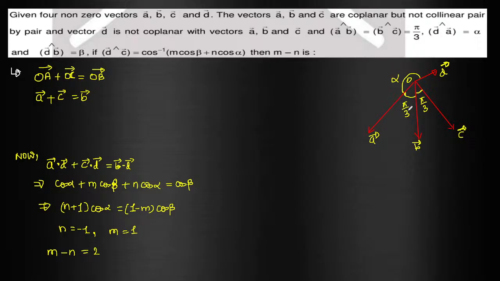The angle between A and B is 60 degrees, the angle between B and C is 60 degrees, the angle between D and A is alpha, the angle between D and B is beta, and D and C is given something like this. So we will keep the OA vector, OC vector. So if we shift this one, it is going to form a triangle.